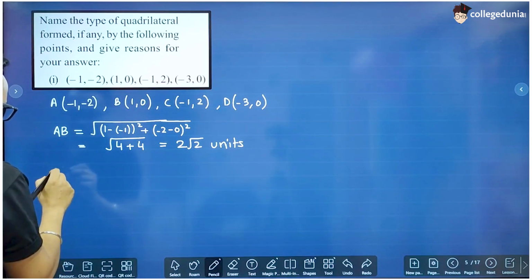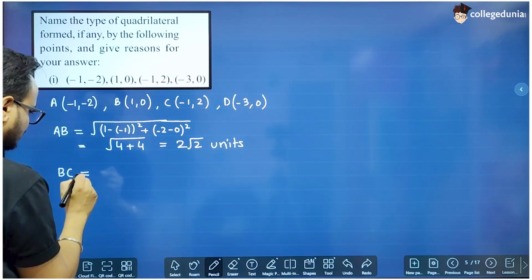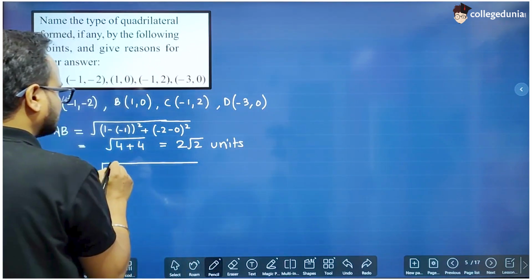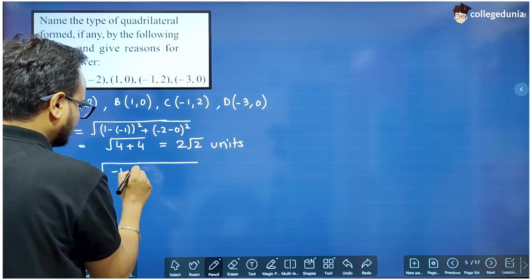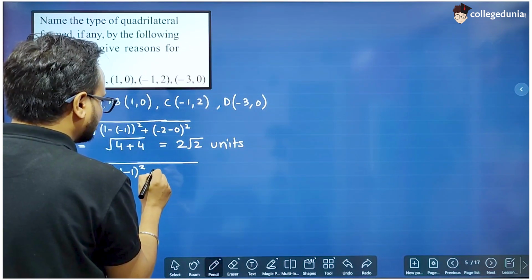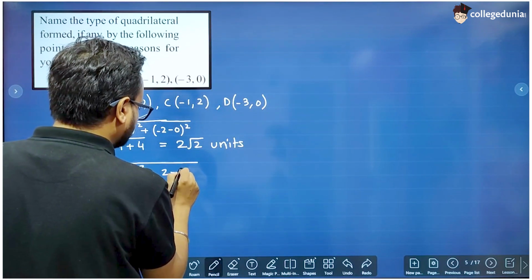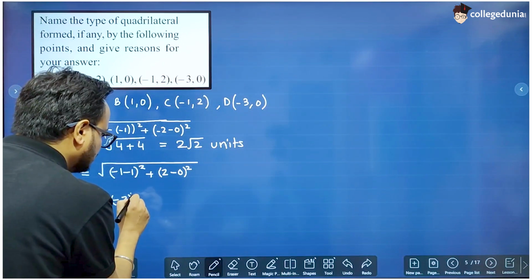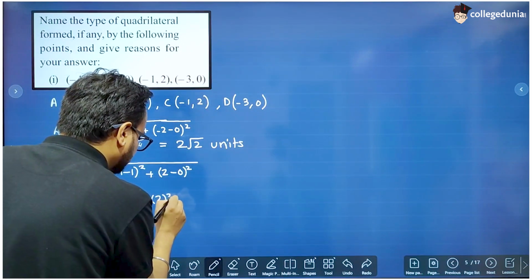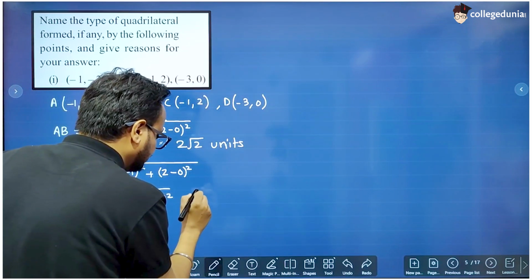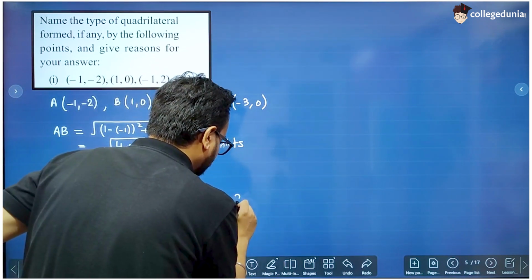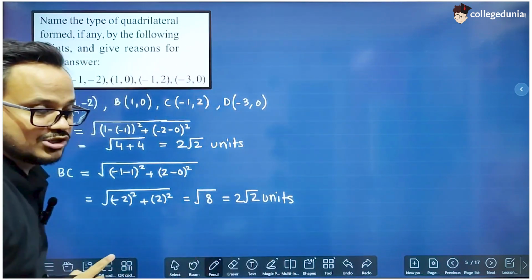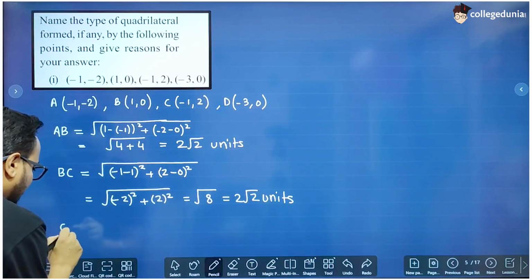Second, BC, the second one is also equal, right? Now let's find the third one, CD.